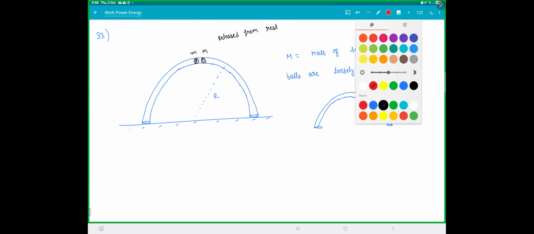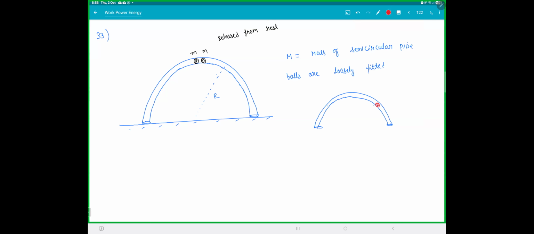When these balls start falling at some particular angle, let's say this angle is alpha, this pipe just lifts off the ground. It actually loses contact. Getting it? Now you need to understand why it will lift off.